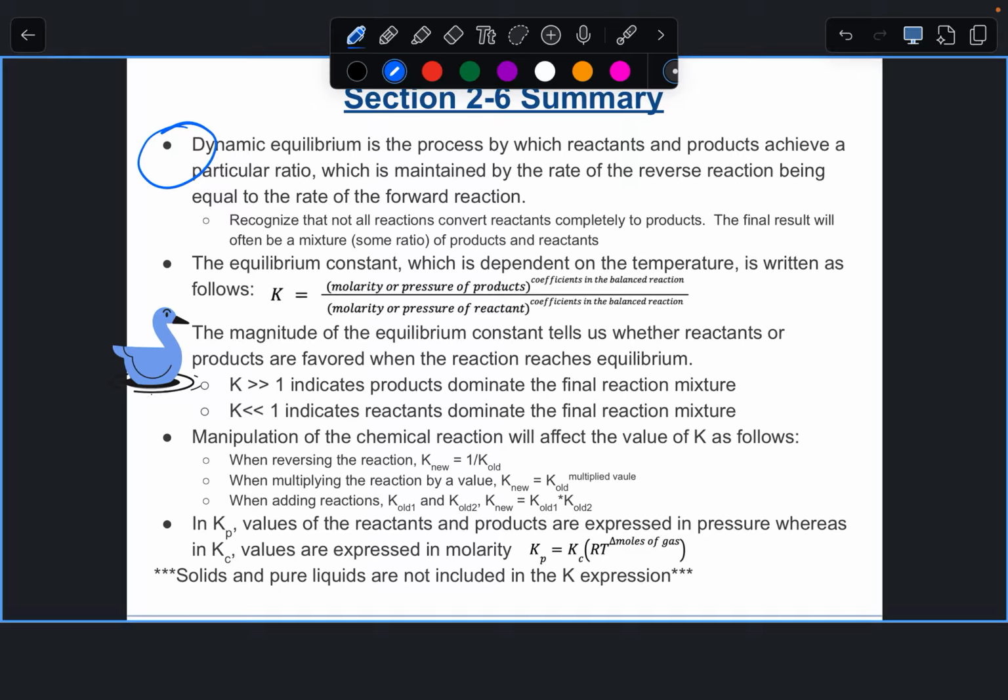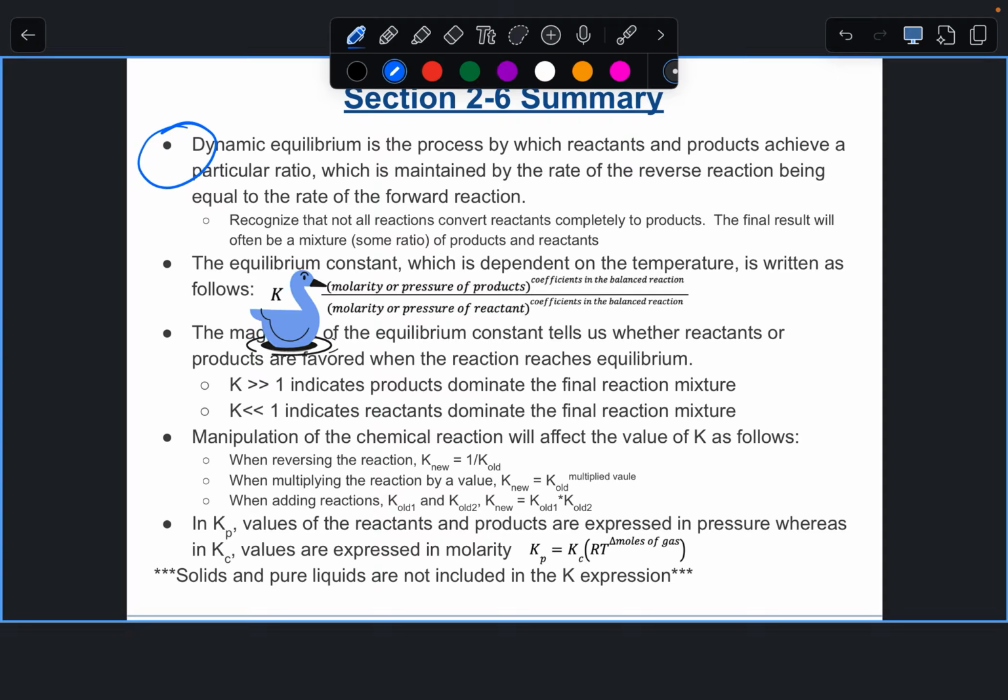That balance point is like a ratio of products to reactants. Is it a 1-to-1 ratio, or maybe 3-to-2 or 4-to-1? What is that ratio?